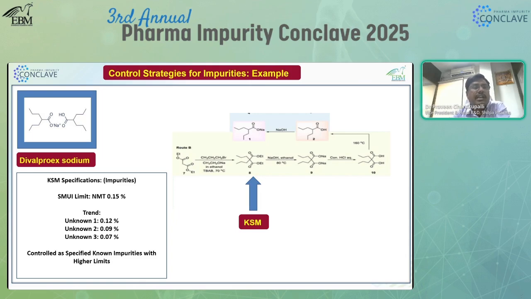We also showed the purgeability of these impurities in the subsequent stages by spiking them at higher levels in the KSM, and established the control strategy.